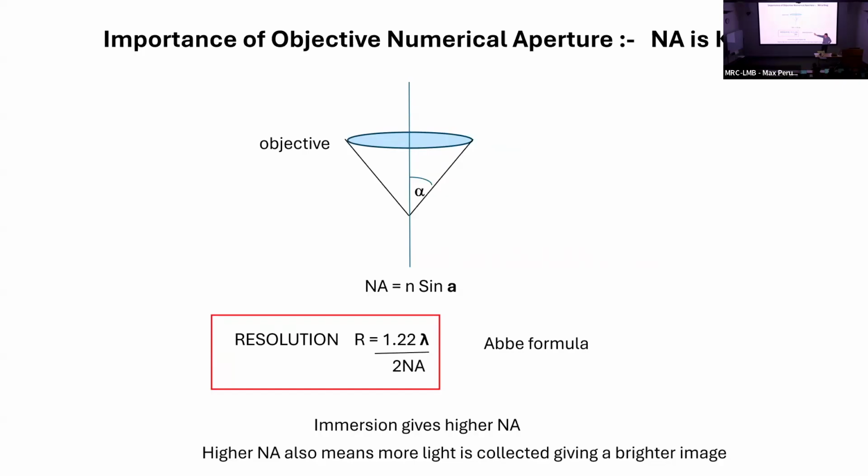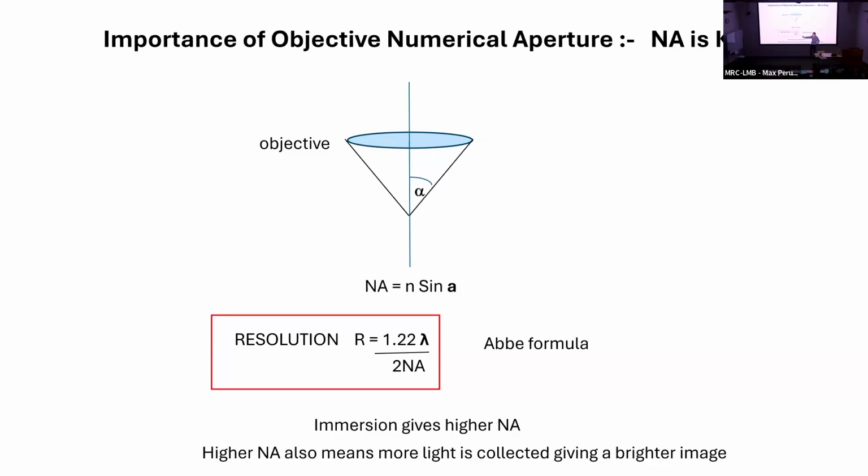So Abbe, when he started looking into the difference between magnification and resolution, came up with this formula here. So the resolution is inversely proportional to the numerical aperture. It means we want this number to be as big as possible because our lambdas are quite large. Our lambdas are 500 nanometers or something like that in the visible spectrum.